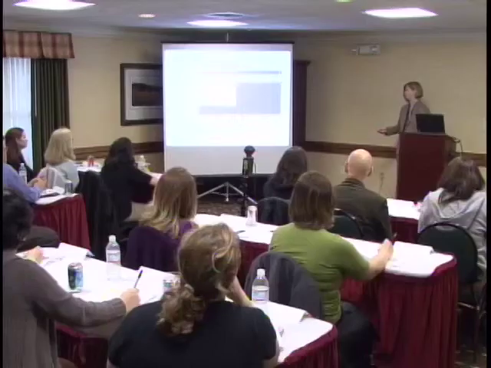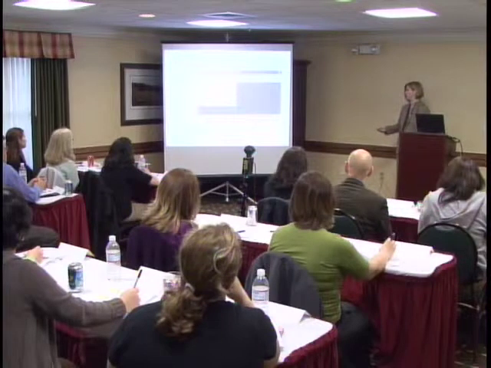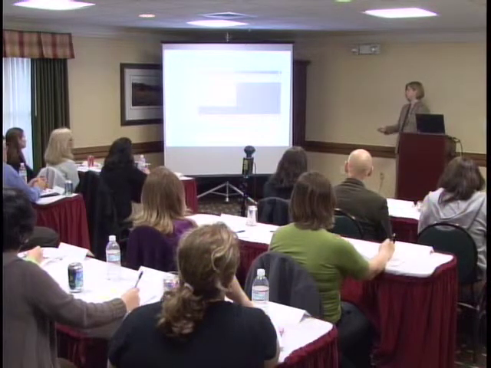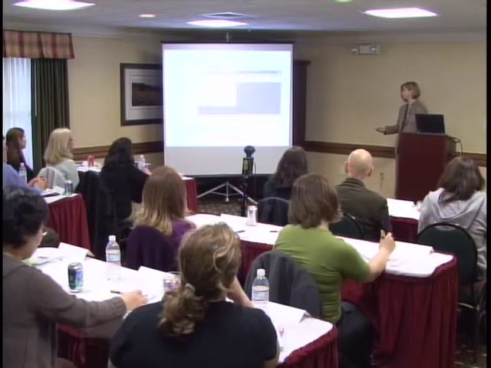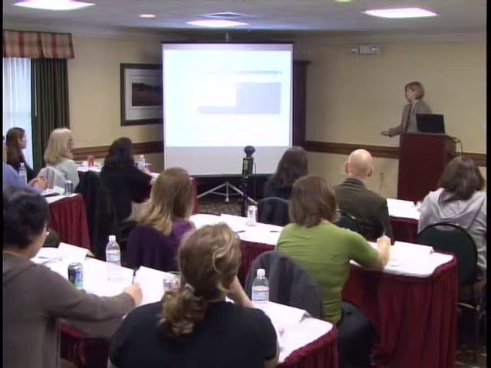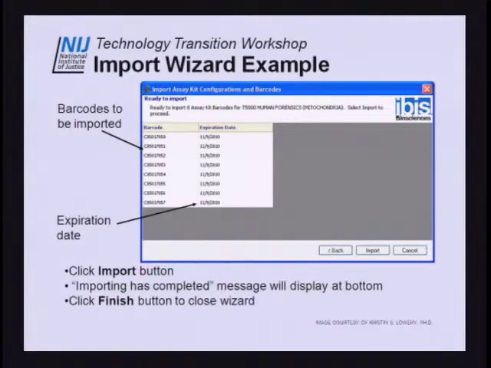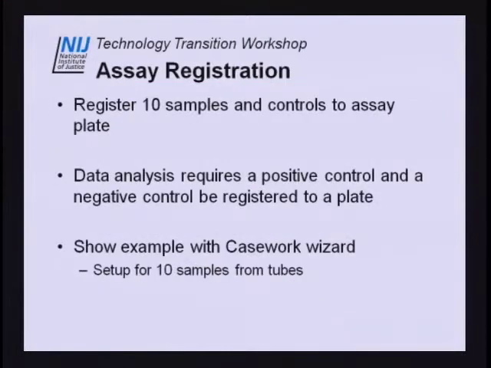If you're importing barcodes, it'll show you all the barcodes that are being imported from that file and their expiration date. The system will still let you use them, but it will flag them once they expire. And you click import, you'll get an importing has completed, and then you'll click finish. And so you've imported the resources that you need to now register your experiments and do your experiments.